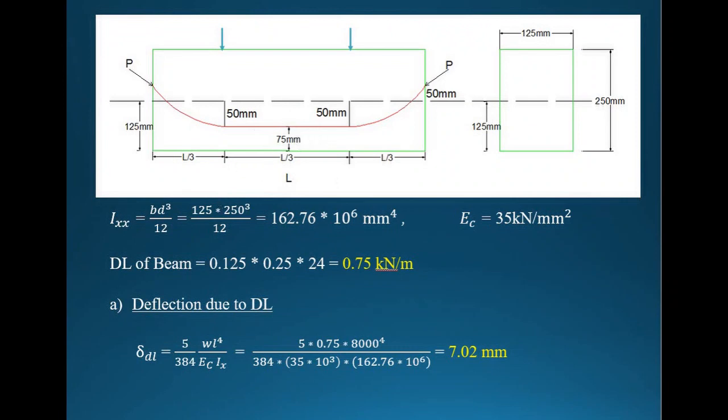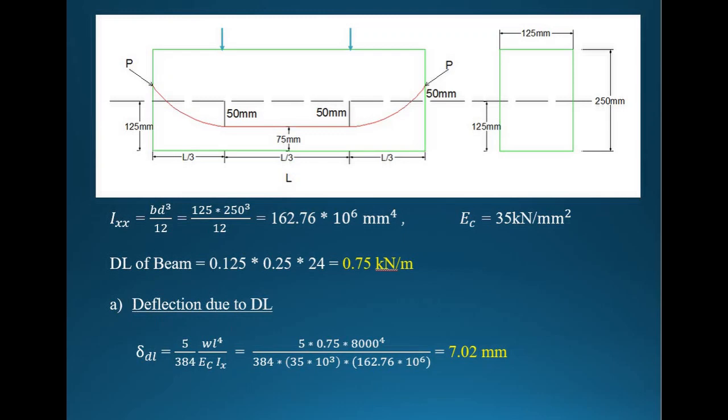Next is the calculation of I, the moment of inertia, and the dead load of the beam. Why do we require the dead load and moment of inertia? We should find out the deflection due to dead load.